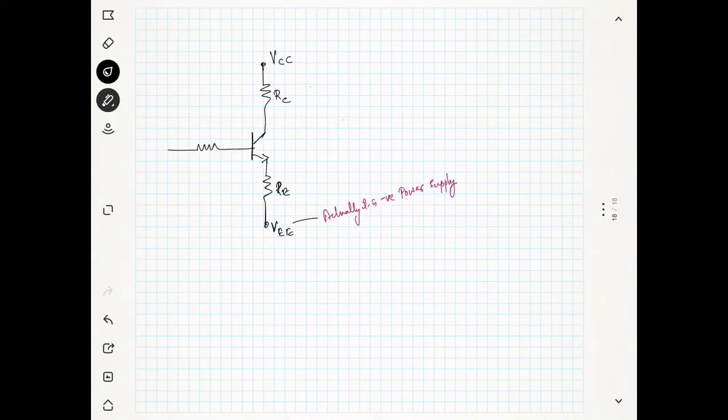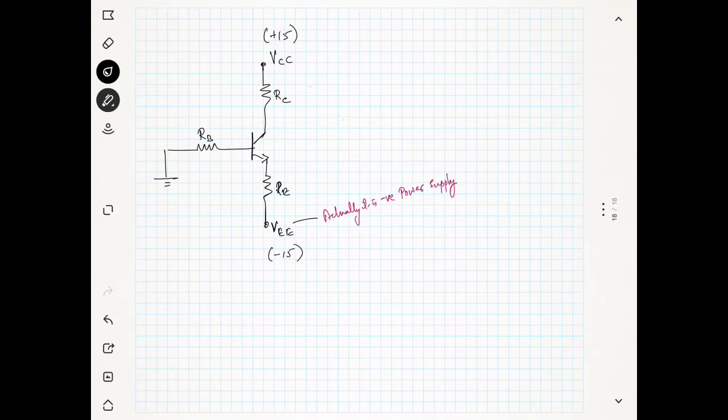Now this is RB, and this is ground. Since this is a negative power supply, you can give here, for example, plus 15, and here minus 15.